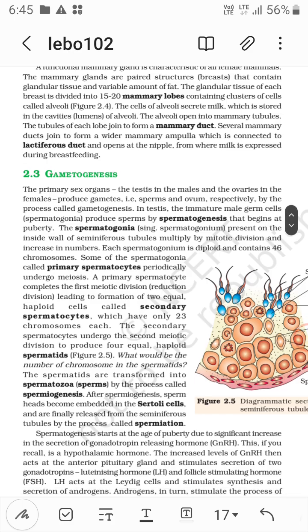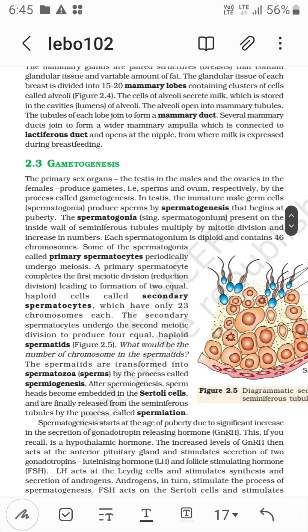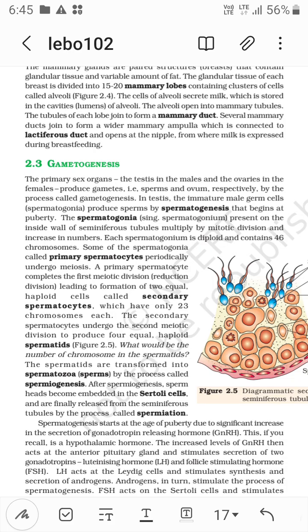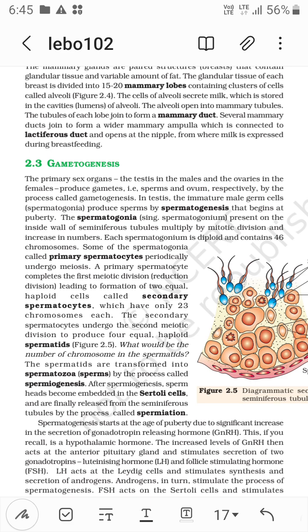A primary spermatocyte completes the first meiotic division, that is reduction division, leading to the formation of two equal haploid cells called secondary spermatocytes, which have only 23 chromosomes each. The secondary spermatocytes undergo the second meiotic division to produce four equal haploid spermatids.